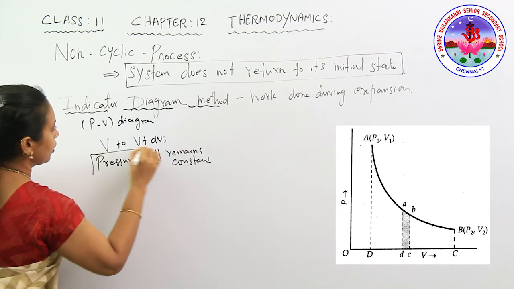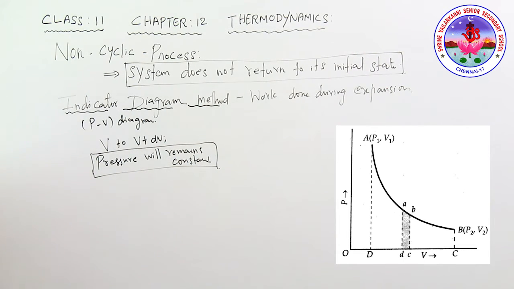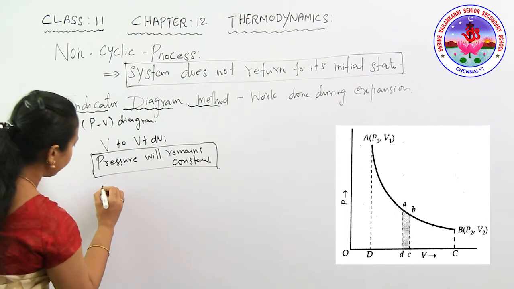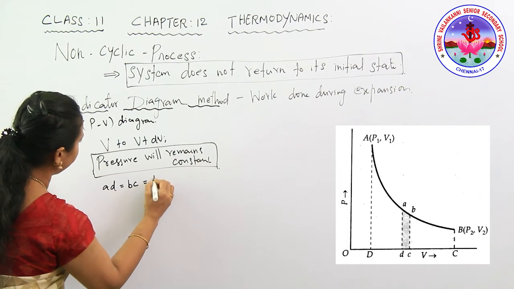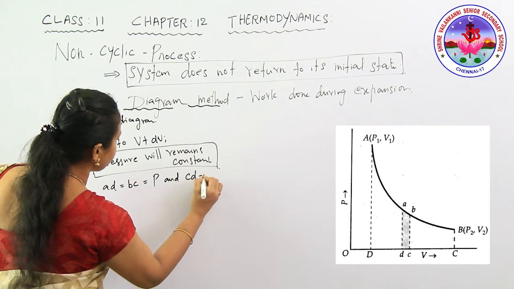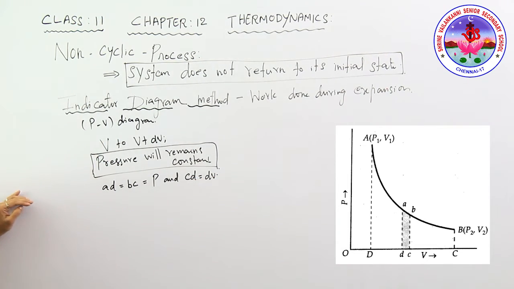Right? See the particular part of A, B and C, D. See that? Here we can take that AD is equal to BC. That is equal to what? P, that pressure. And here CD is equal to dV. That is the change in the volume that is happening.